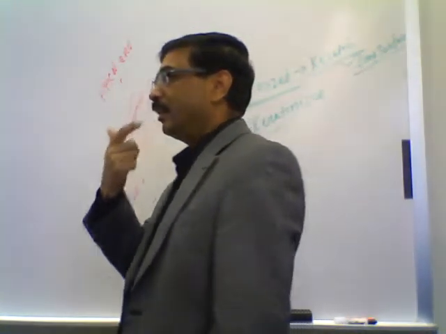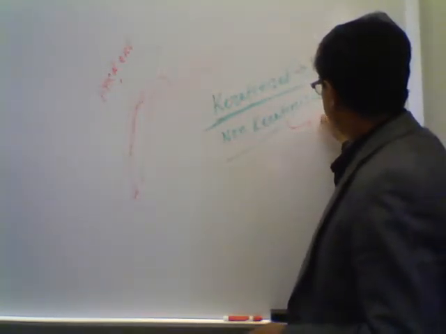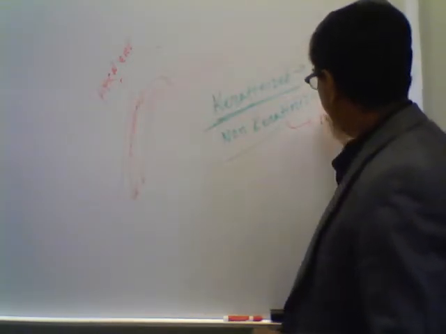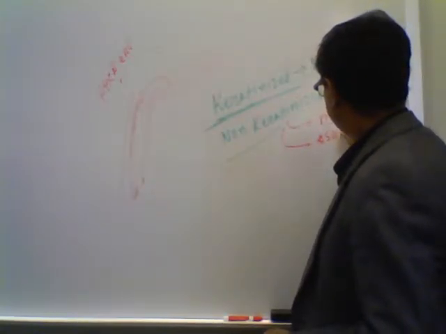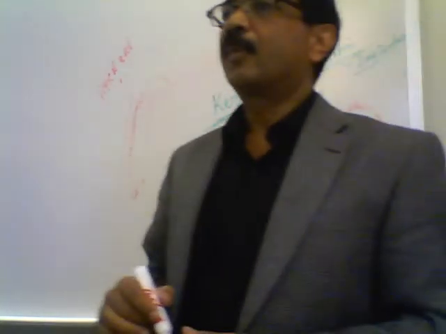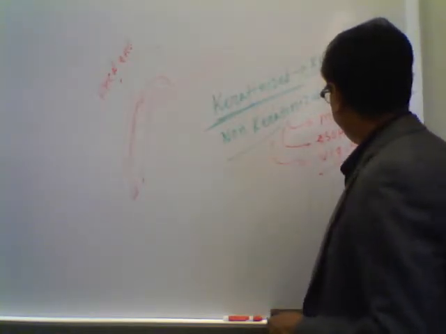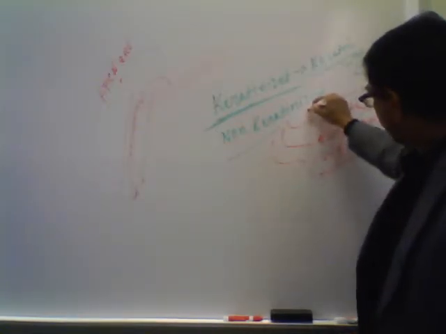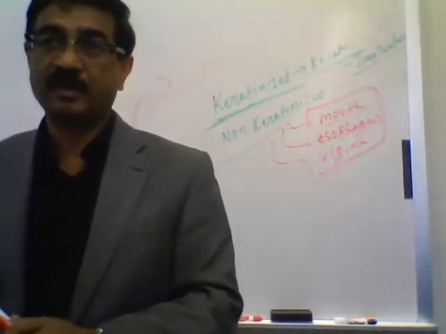So moist. Inside the mouth, or oral cavity, lining of mouth, esophagus. Inside the vagina, female reproductive part. So in those structures, you have non-keratinized stratified squamous.